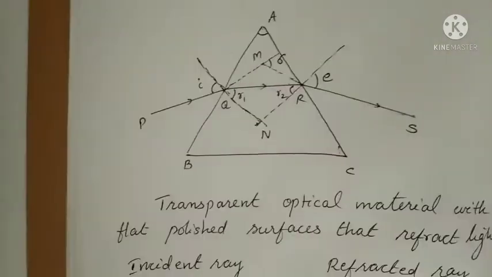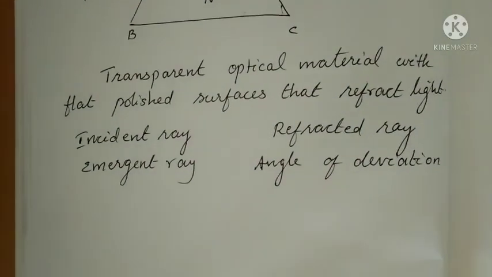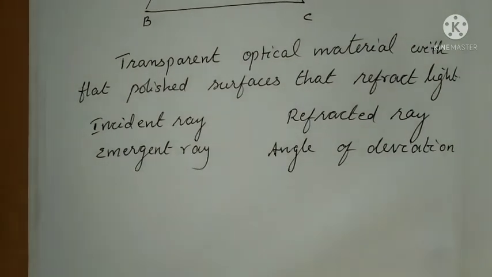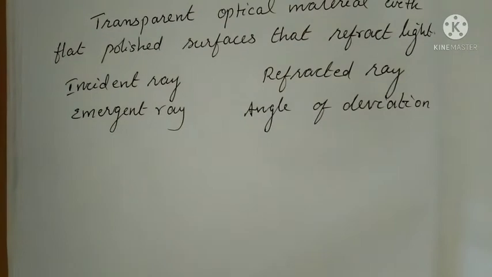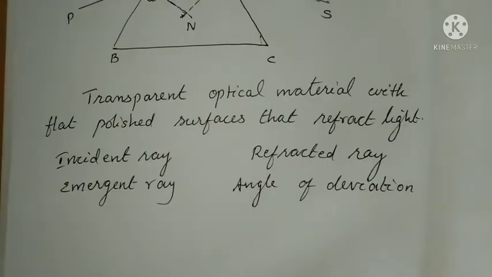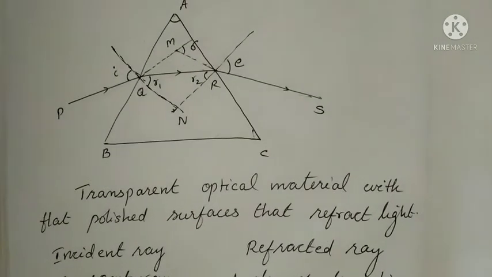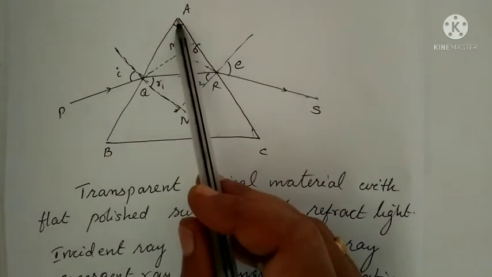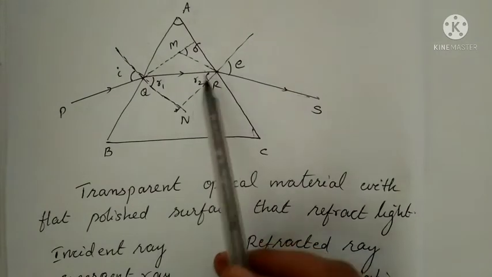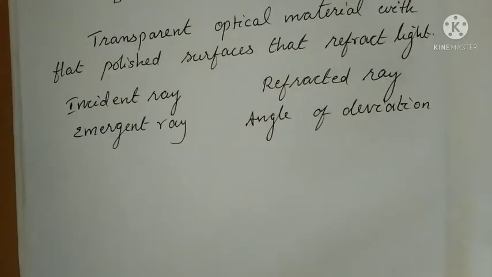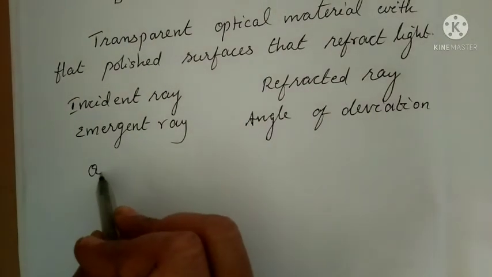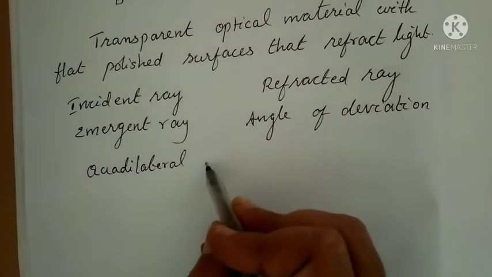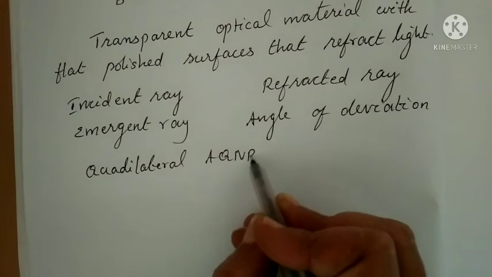For that, first we consider some triangles and quadrilaterals. First we are going to consider the quadrilateral AQNR. So consider the quadrilateral AQNR.